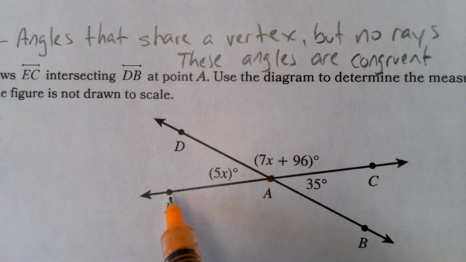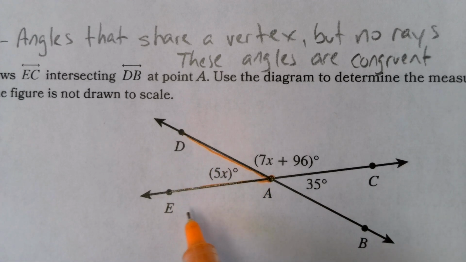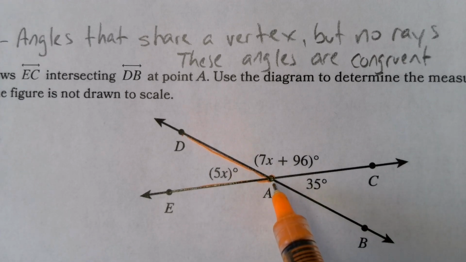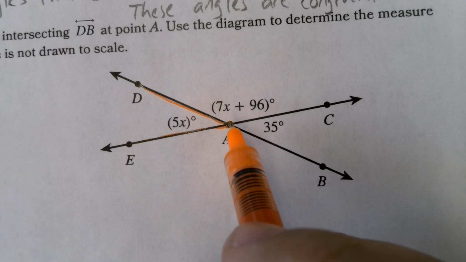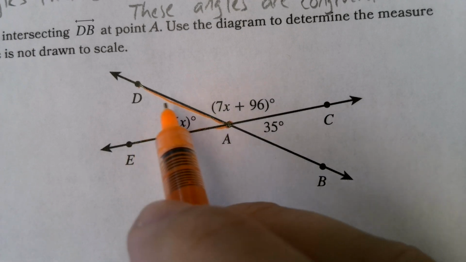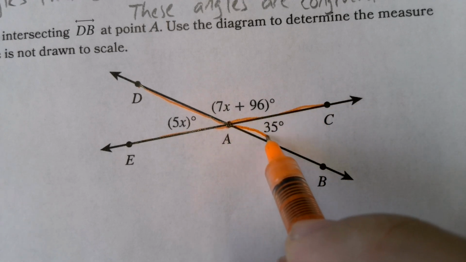Okay. If I look at angle EAD, remember we start at E, go to A, come back out to D. It shares a vertex with DAC, EAB, and CAB. However, the only angle that doesn't share a side with EAD is CAB.